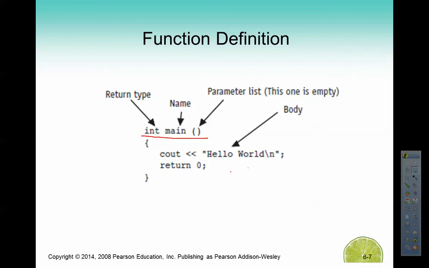This is the header, right? It has the return type, it has the name, and it has the parameter. And then right after it, it has what? The curly braces. If we omit one of them, our program is going to run? No. So this is what we're going to find in every single function.